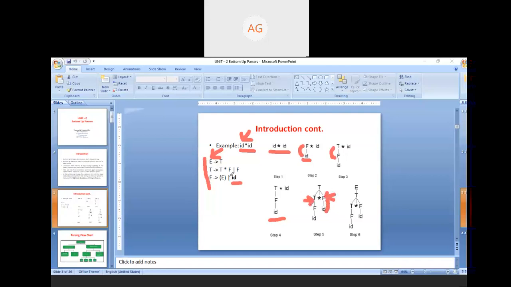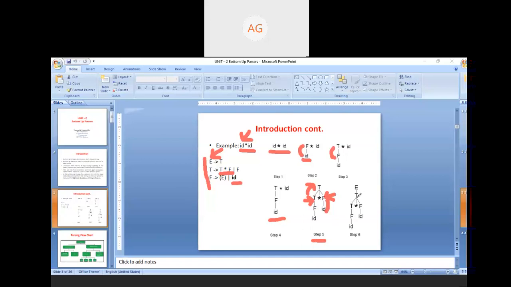There is a production, the second production, which is t produces t into f, by which there is a relation between t and f. So we need to write this relation from the second production, t into f, and this production is derived from the t non-terminal. So you can write this. At step 5, the parse trace looks like this.